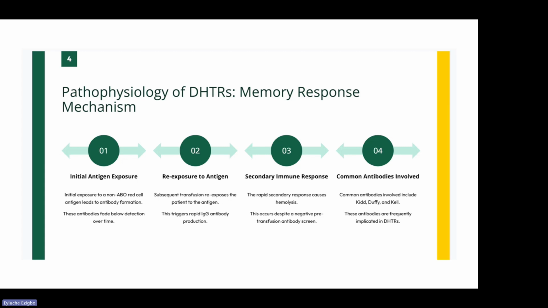Because the body has been exposed to such an antigen, it builds memory, so that if it encounters the exposure again, it will be able to mount an immune response. So delayed hemolytic transfusion reaction uses this mechanism of memory recall as one of its pathophysiological mechanisms. So the first mechanism is the memory response mechanism.